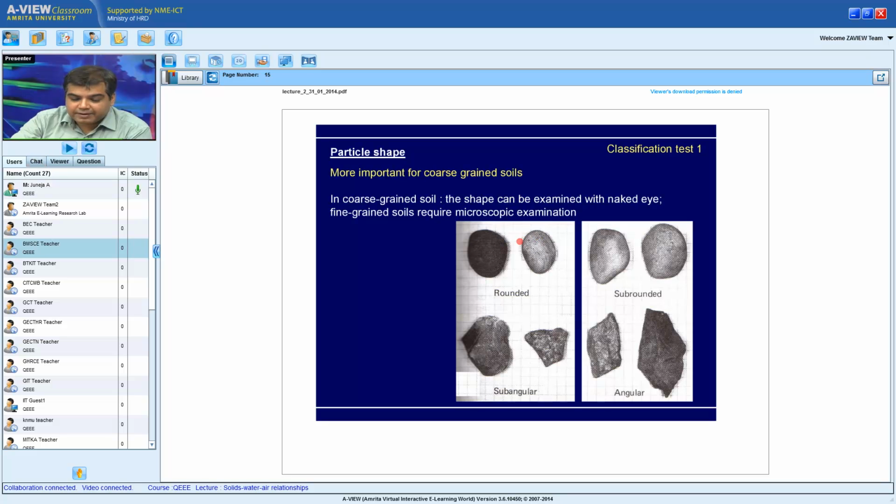Most likely you will find this along river beds. If you go to the next one, sub-rounded is as if the edges are still smooth. You rub your finger, you still can't feel the edges, but from your eye you can see that the edges have somewhat not been fully rubbed off. That would be sub-rounded.